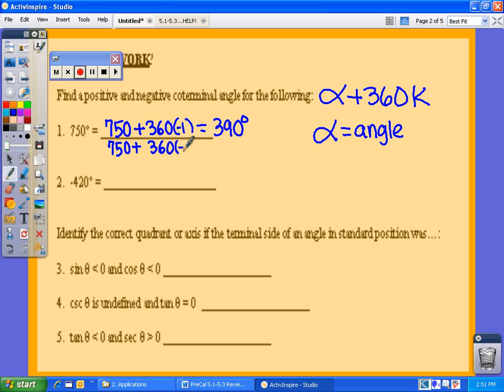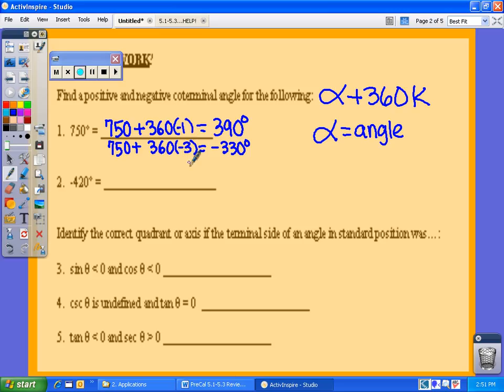So I'm going to try, like I said, -2 won't work. So -3 will be the next one. And that gives me -330. So now I have one positive, one negative. Had you decided to multiply this by +1, you would have gotten a really big coterminal angle, which is fine. As long as you have one positive, one negative answer, it really doesn't matter what you plug into here.